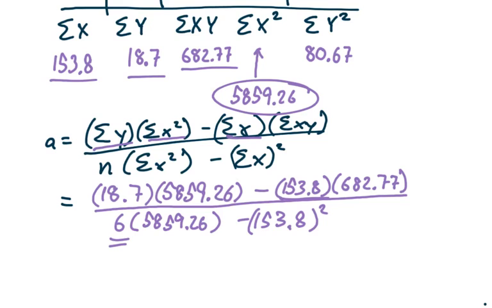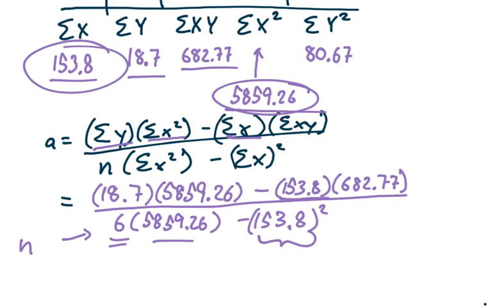The 6 came from the sample size, and then there's this 5859.26 again here. That is the sum of the X squareds, and then here is the sum of all of the X's. Where did that go? There it is. And then we square it after we add it all up.